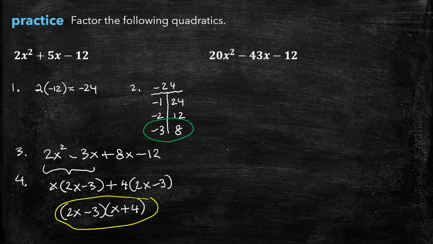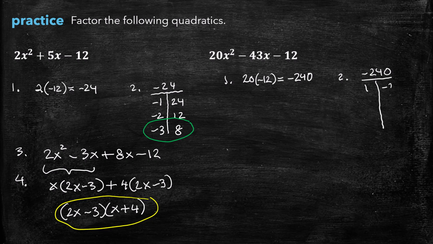So what about this one here? Well, this is a little more tricky, because that 20 times negative 12 is actually a pretty big number, right? Negative 240. So we might want to go about finding factors of negative 240 a little more efficiently. I think the bigger one is going to have to be negative.